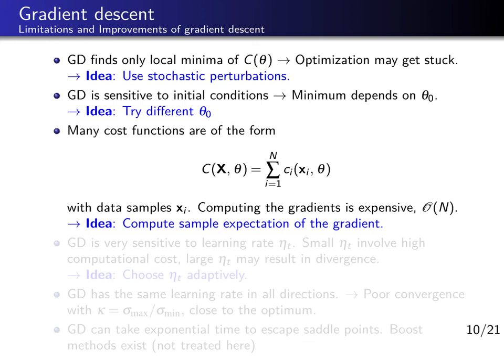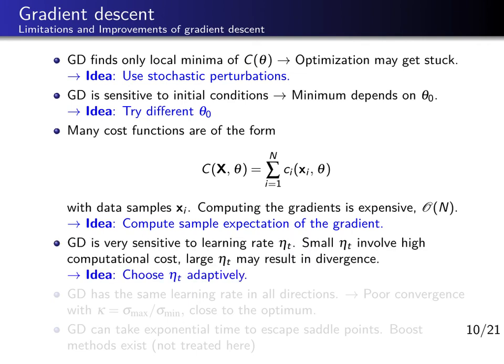But up to a prefactor, this form looks like an expectation value, like a mean value over many data points. Therefore, instead of using the whole expression for the expectation value, we can just use a subset of data points. So we compute a sample expectation of the gradient. That leads us to stochastic gradient descent.